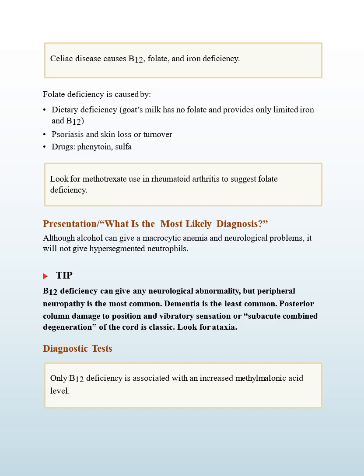If we have a question related to the clinical presentation, and if the question asks what is the most likely diagnosis, we need to remember that chronic alcohol abuse can give macrocytic anemia and neurological problems, but will never give us hypersegmented neutrophils.